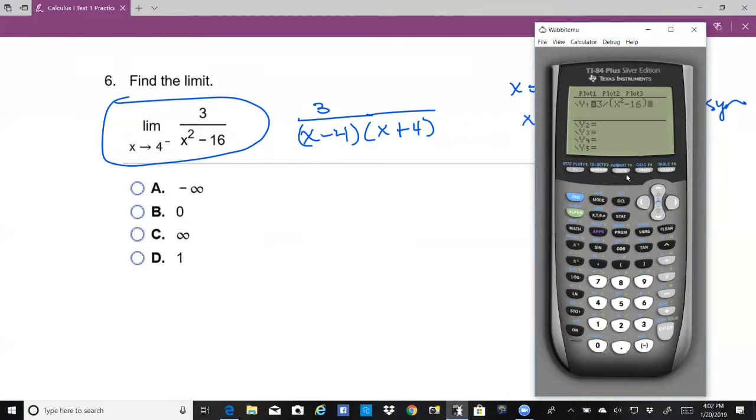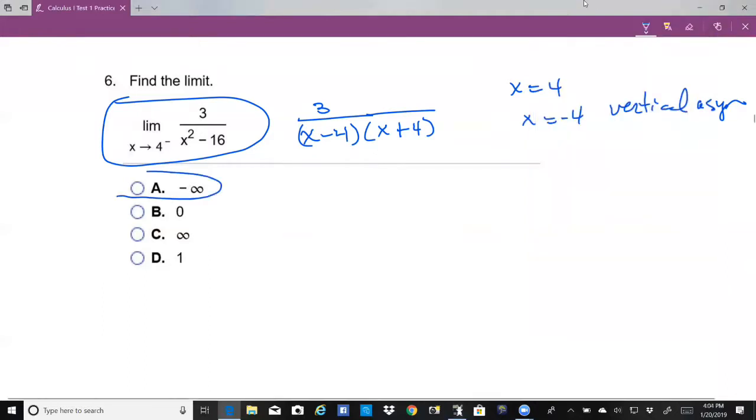And let's go to the standard window, zoom 6, and we see the graph, the vertical asymptotes at minus 4 and plus 4. As x approaches 4 from the left, notice that it's going to minus infinity. So the limit is minus infinity.